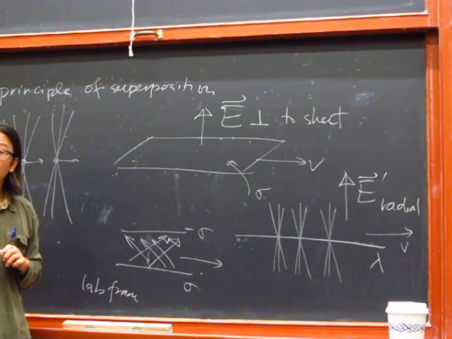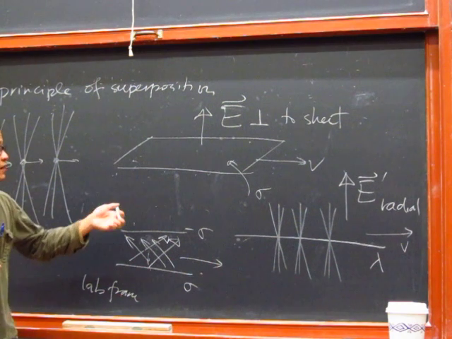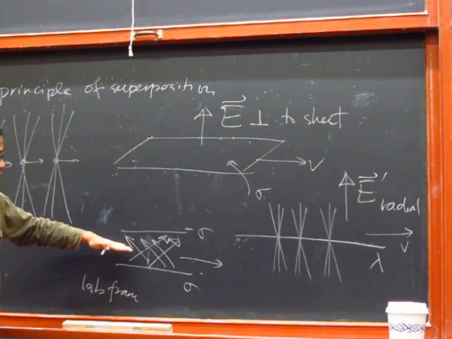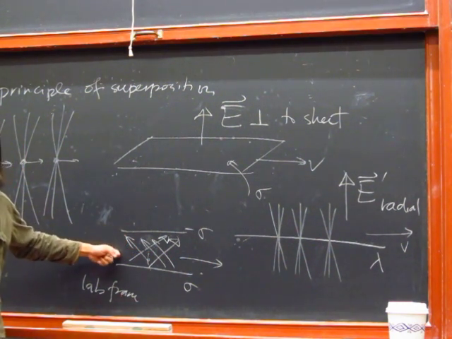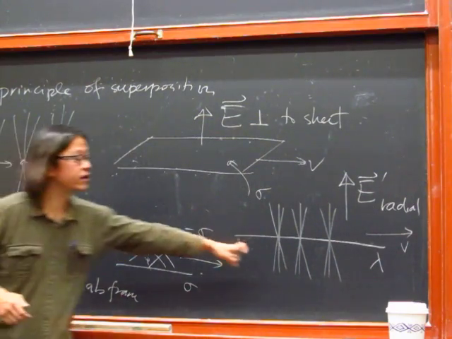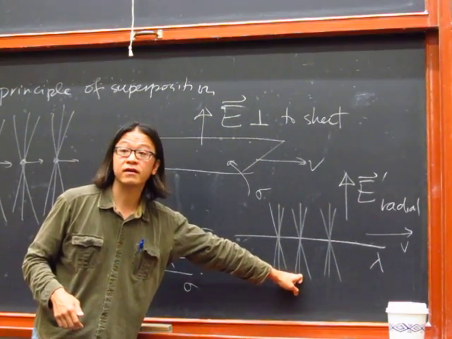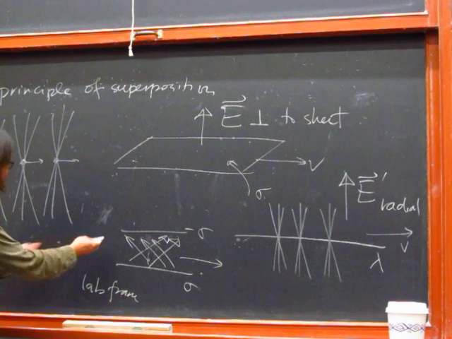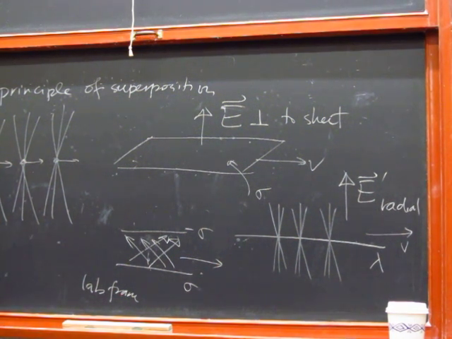Where is it pointing? Yes, we assumed that in our discussion of parallel plates. We haven't looked at this carefully yet. In our calculation with Gauss's law, we assume that the field in the lab frame is normal.